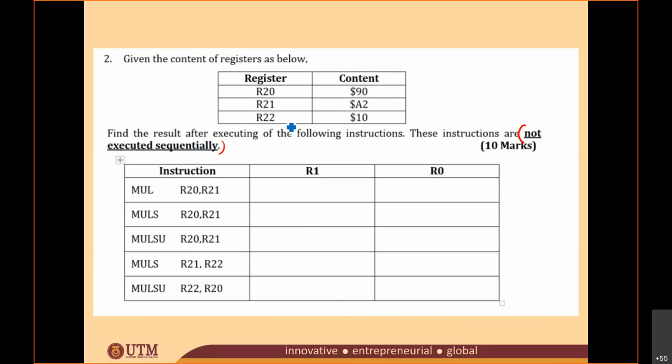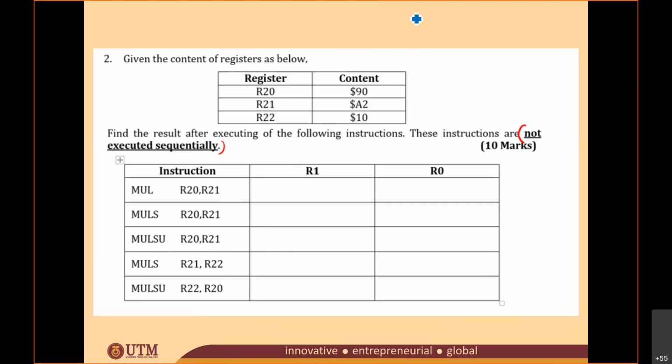Alright, so given that these are the register values, R20, R21, and R22, you're going to find out the value after you execute these instructions here. First things first, because you have MUL, MULS, MULSU, I need to find out the value as a positive number and the value as a negative number.